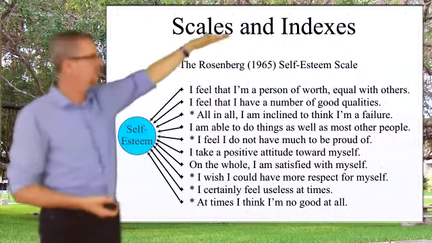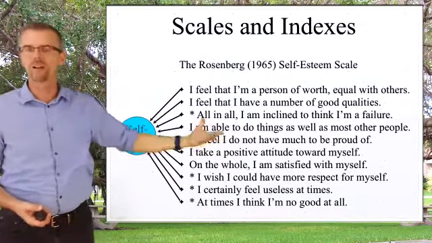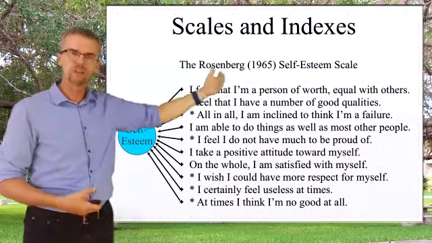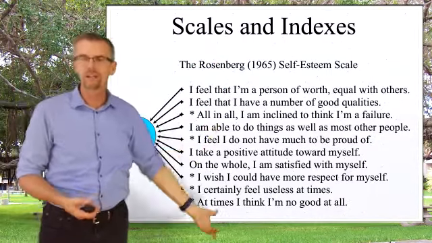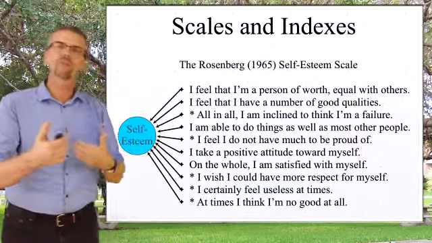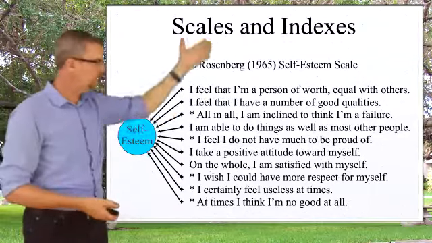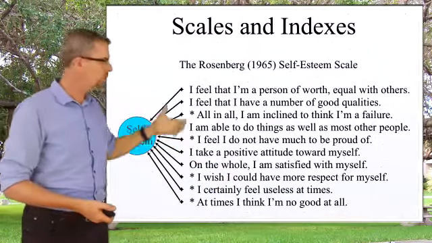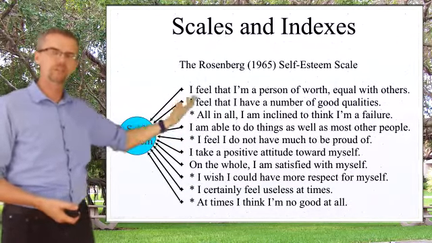So you can't go down here and say yes, yes, yes, yes, yes, and end up with a reliable and valid measure, because he broke it up. It forces the respondent to actually stop and think on questions number 3, 5, 8, 9, and 10, because they're counterintuitive to the format of the other responses. And so this has stood the test of time as a valid way to construct a measurement of self-esteem.